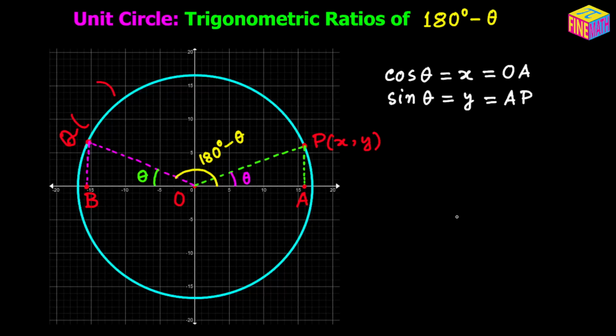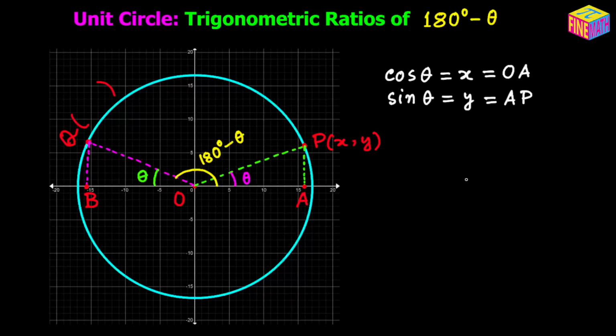Now if you look at these two little triangles, the triangles OAP and OBQ, you see that their hypotenuse is of equal length, because it's the radius of this unit circle, which is just 1 unit. So OP equals OQ, and the angle POA is equal to angle QOB, because they both are theta.